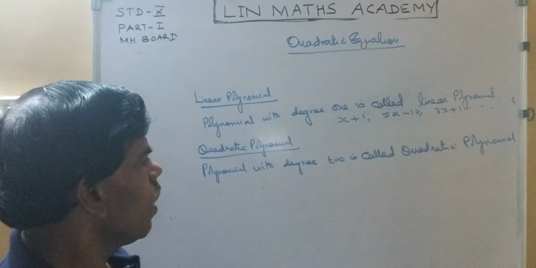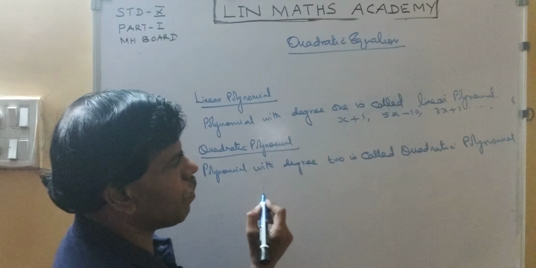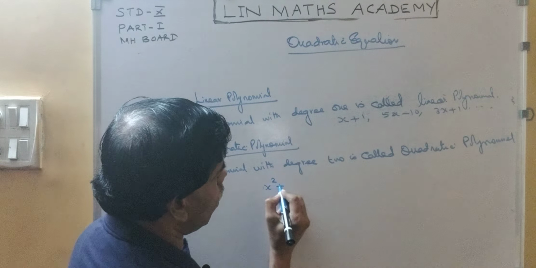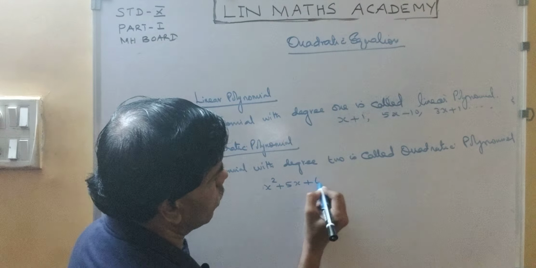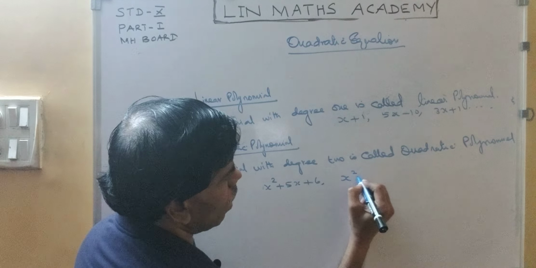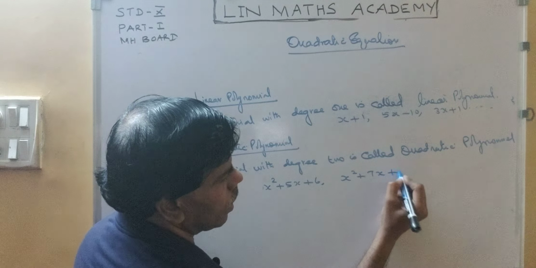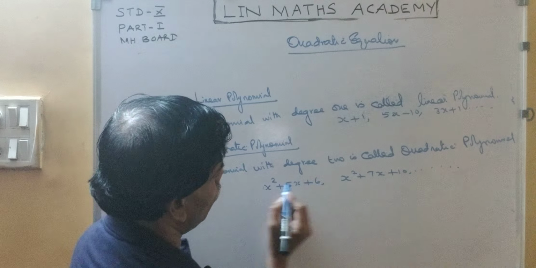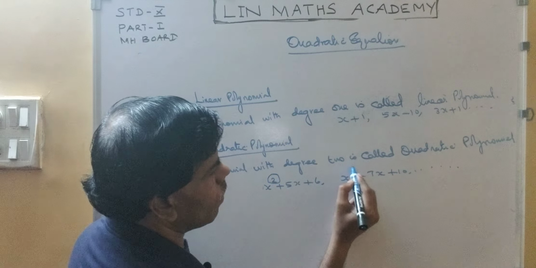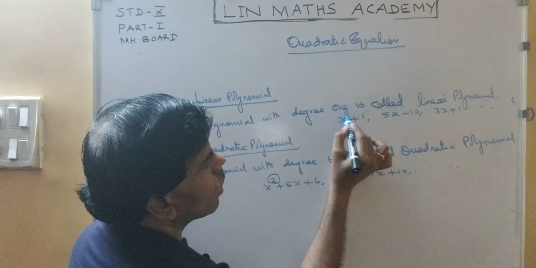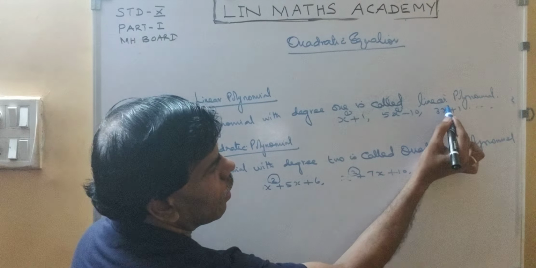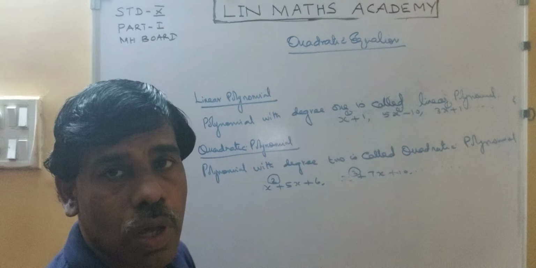Here what is the quadratic polynomial? x square plus 5x plus 6, x square plus 7x plus 10, etc. So what is the highest power here? 2. And here? 1. Followed or not?